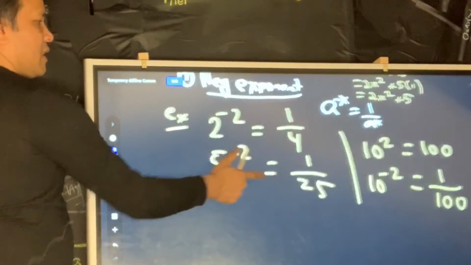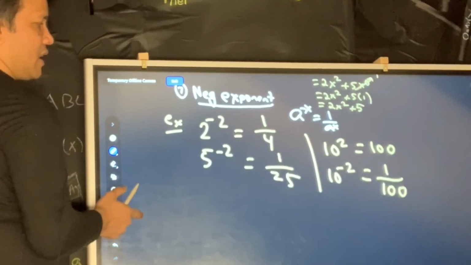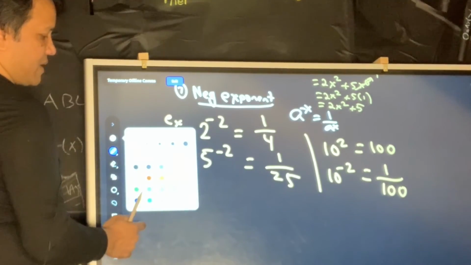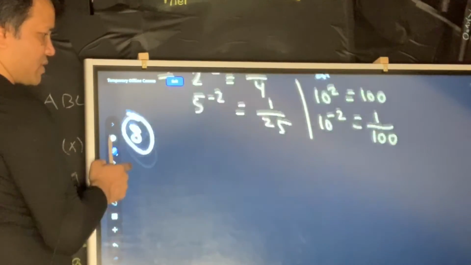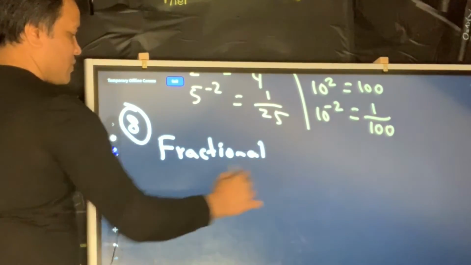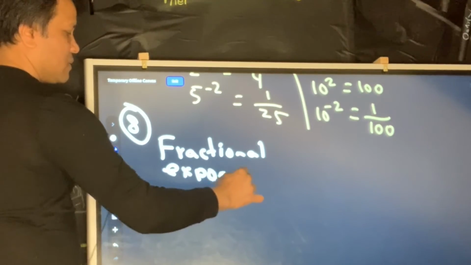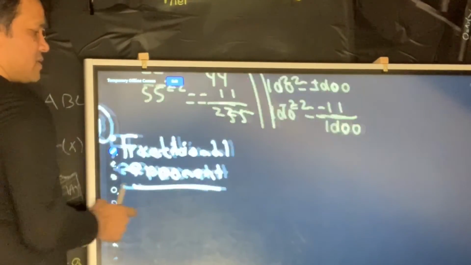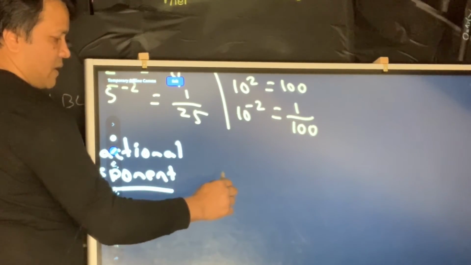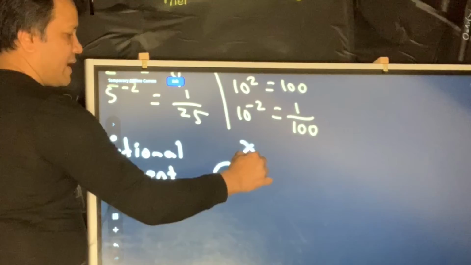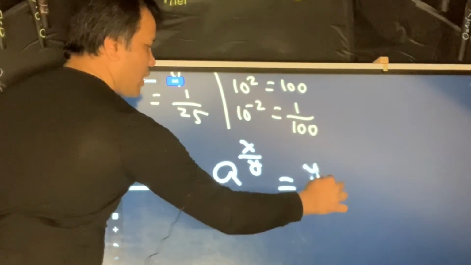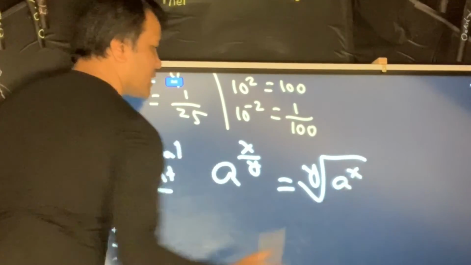Now finally I'm going to give you the fractional exponent rule. Rule number 8 is the fractional exponent. The fractional exponent is a^(x/y), which is the y-th root of a raised to x.